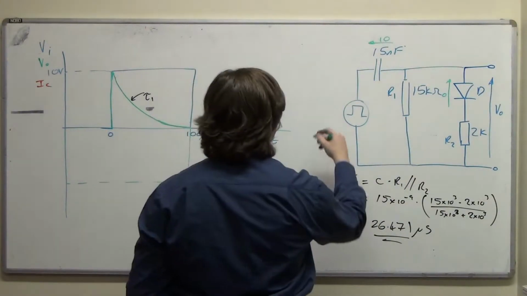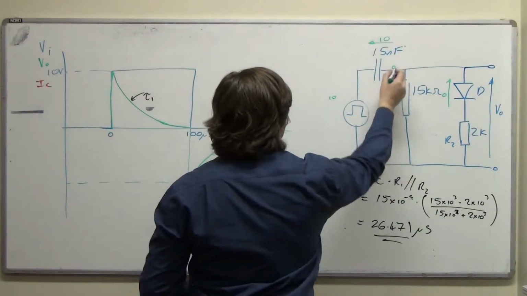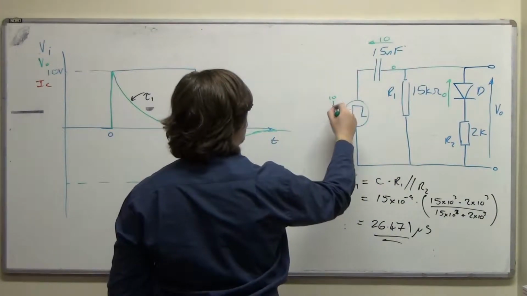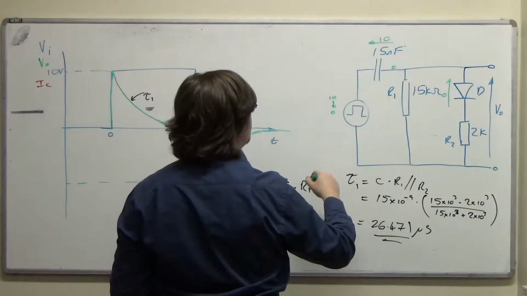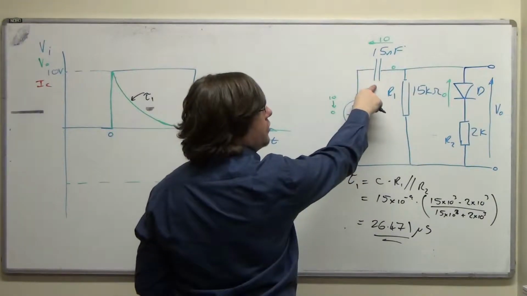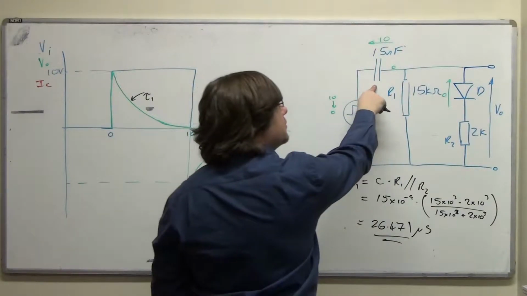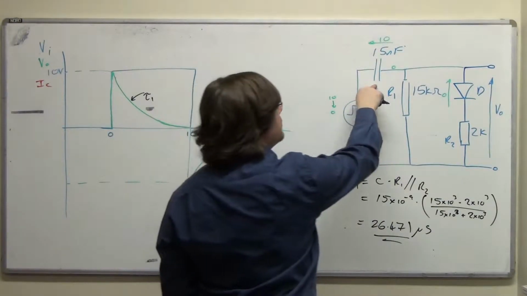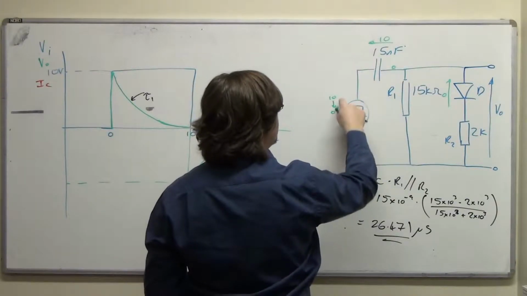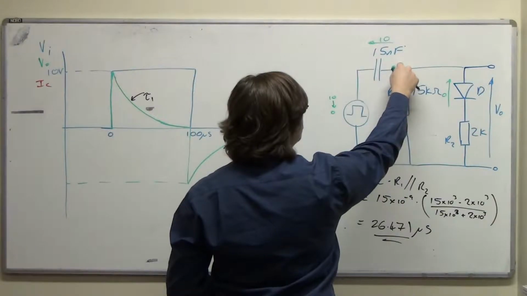What we're then doing is saying, alright, well we've got 10 here and that's 0, but if I suddenly drop this by 10 volts to 0, unless I'm going to do some work to this capacitor, that's to say put some charge in or take some charge out, instantly, which isn't allowed because you'd need an infinite amount of current to do that, if this side drops by 10 volts, this side has to drop by 10 volts as well.